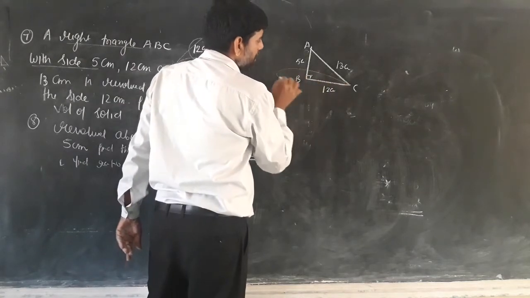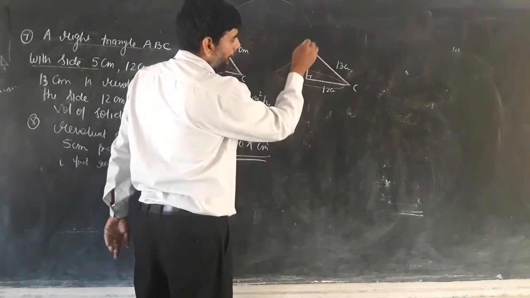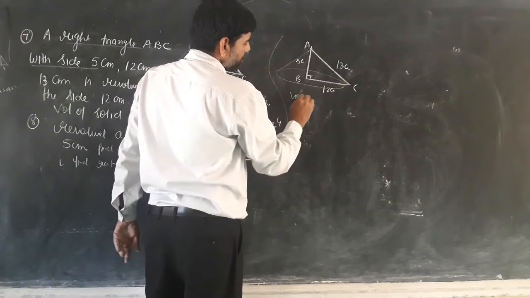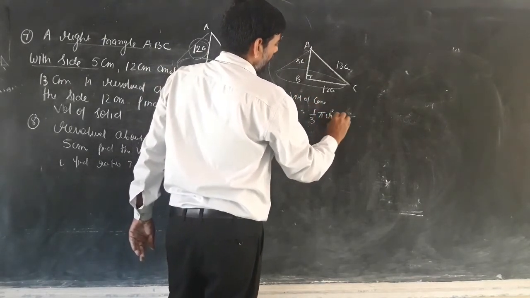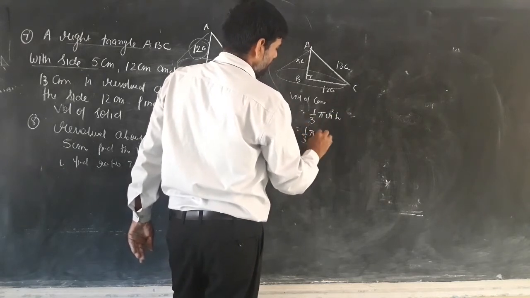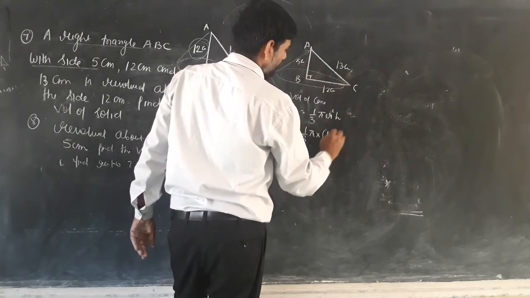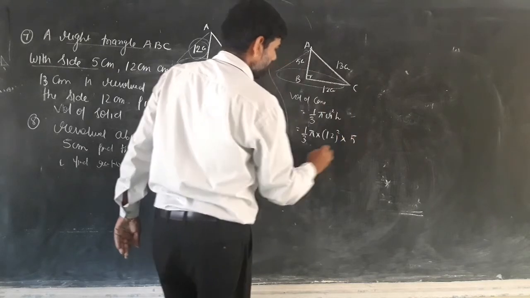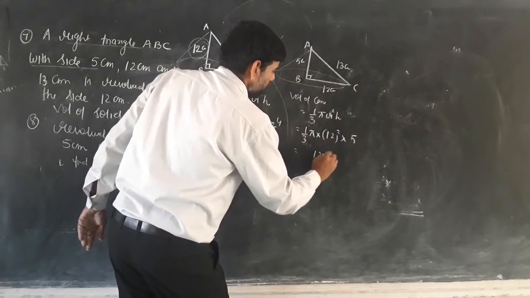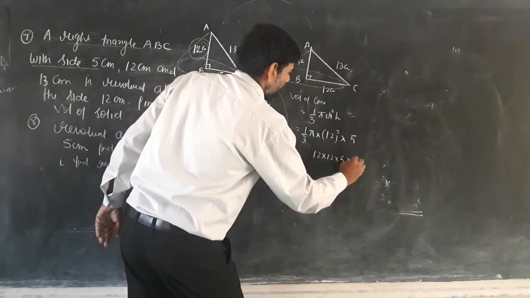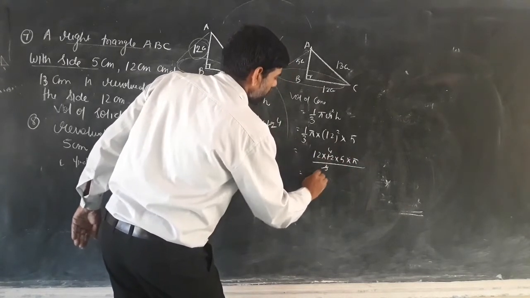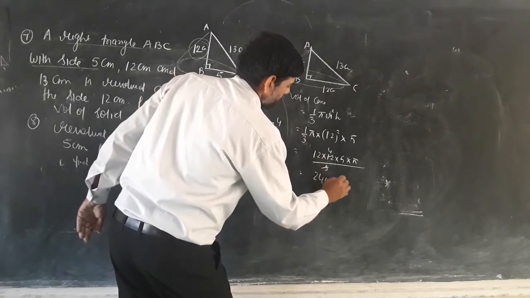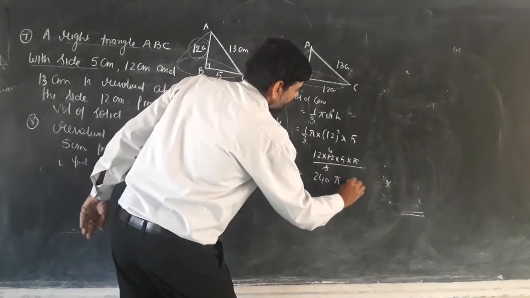In this condition, there is a shape of the cone, and the volume of the cone is equal to 1 by 3 pi r square h, 1 by 3 pi. Radius is 12 square and height is 5. That is 12 into 12 into 5 into pi upon 3. 3 fours are 12, 5 fours are 20, 240 pi centimeter cube.